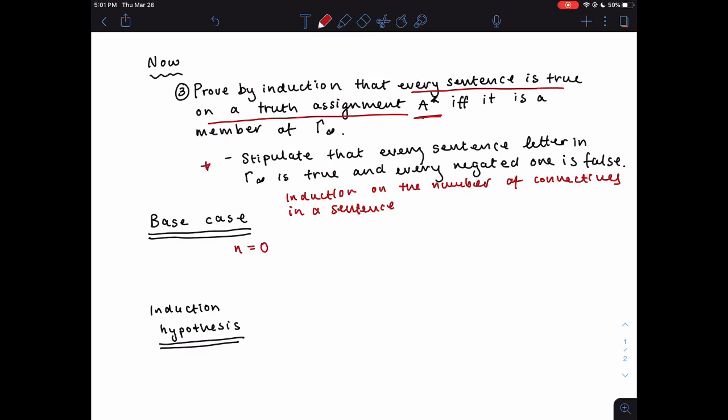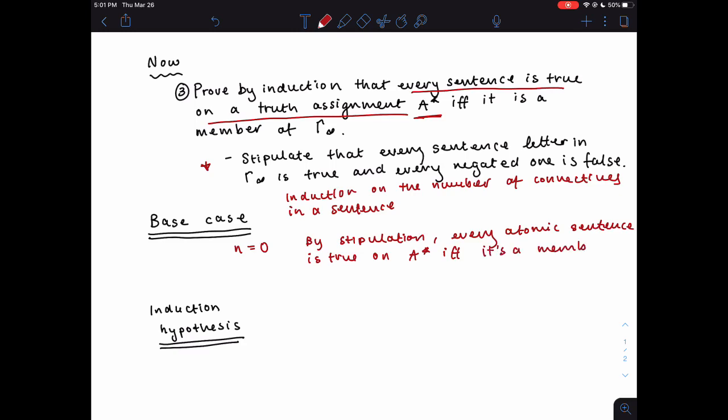We did that by stipulation here. So we can say that by stipulation, every atomic sentence is true on A star if and only if it's a member of gamma infinity.